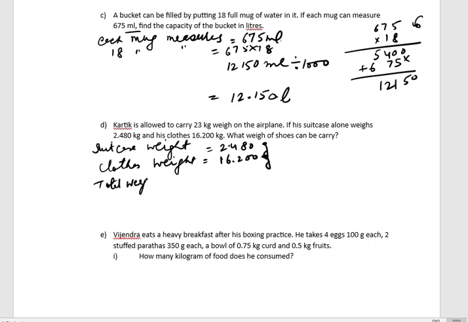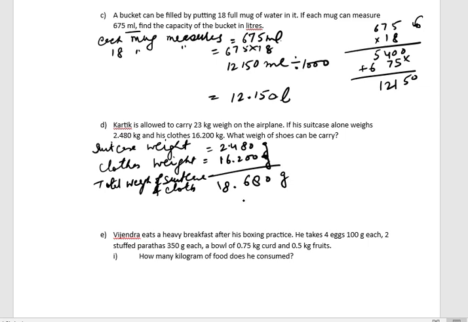Total weight of suitcase and clothes is the addition of these two. 0, 8, 4 plus 2 is 6, 6 plus 2 is 8 and 1. This is the total weight of clothes plus suitcase.